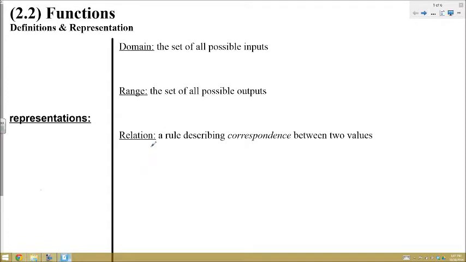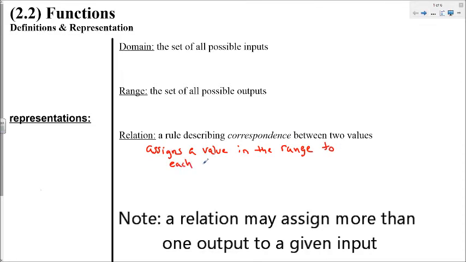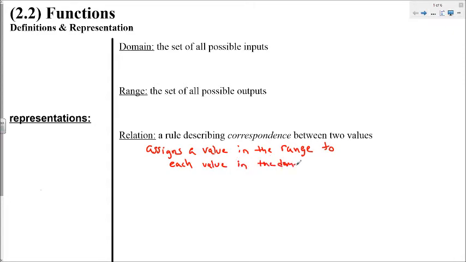So what a relation does is it assigns a value in the range to each value in the domain.